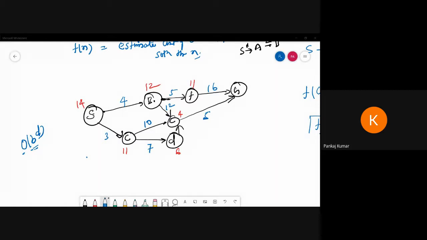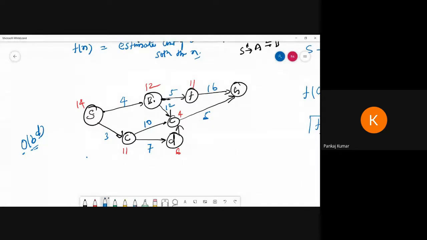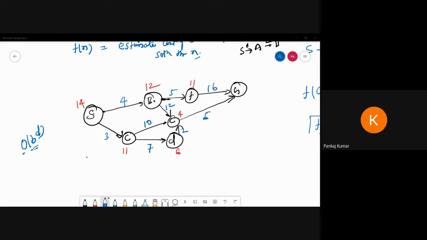It's 2, sorry, that is not a heuristic value, that is the path cost. That means the edge cost. S to C, S to B, and B to F, these are the path costs.